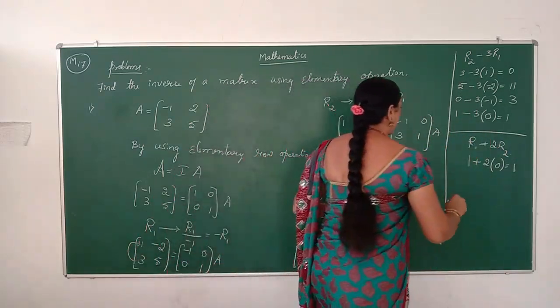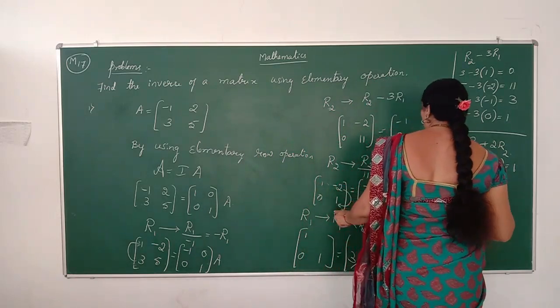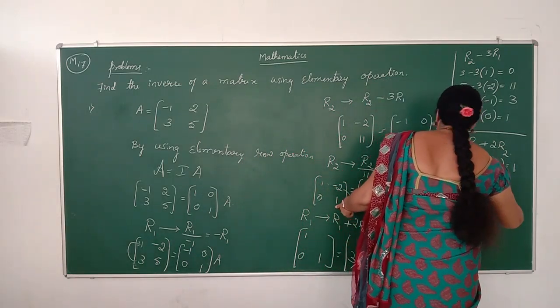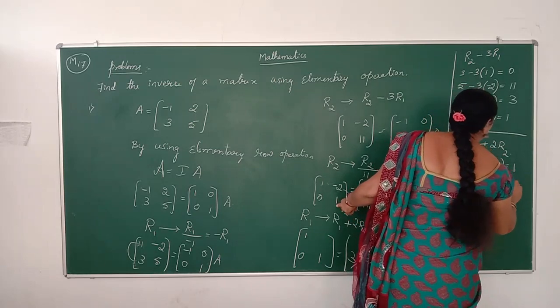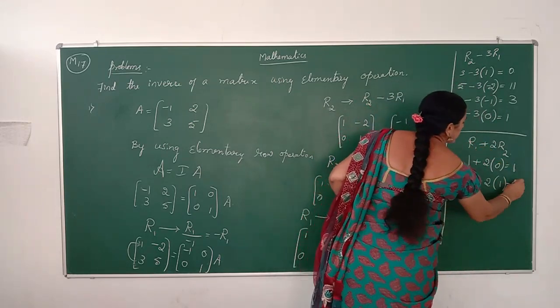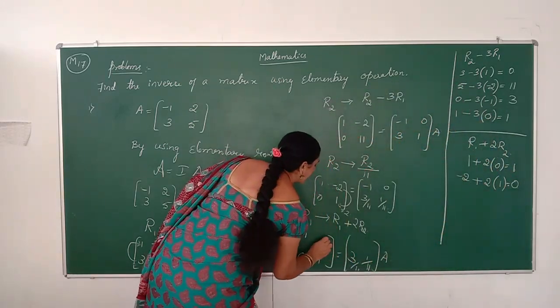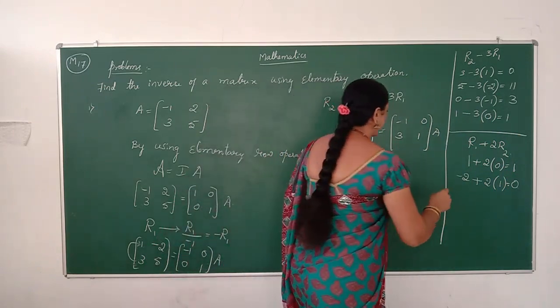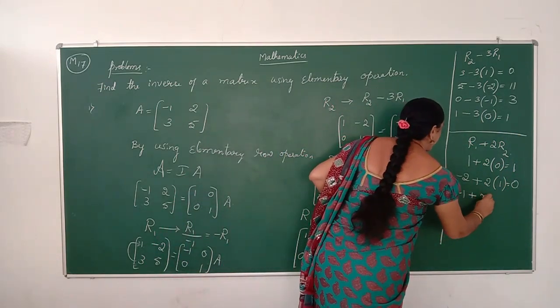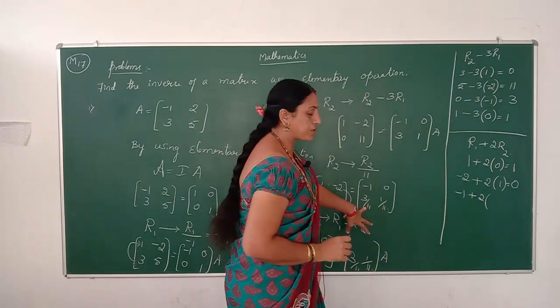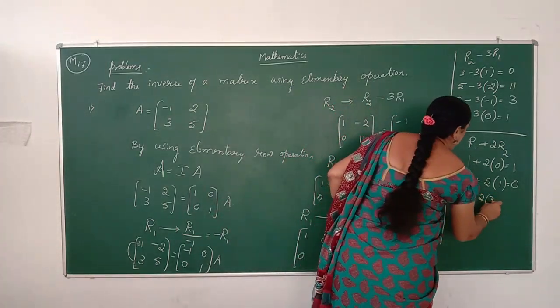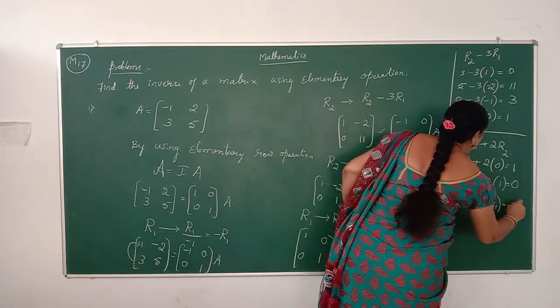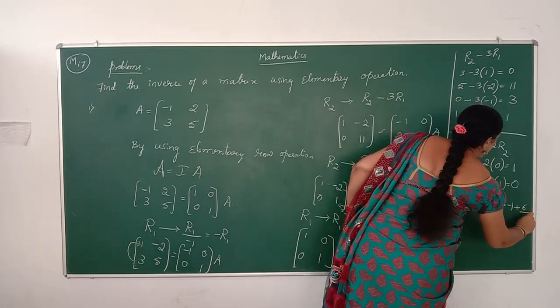Similarly, the second element of R1 is minus 2 plus 2 times the corresponding element of R2, which is 1. Minus 2 plus 2 is 0. And in the RHS, R1 is minus 1 plus 2 times the corresponding R2, which is 3 by 11. That is minus 1 plus 6 by 11.